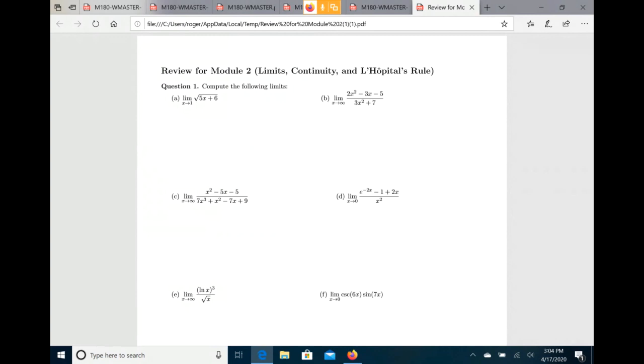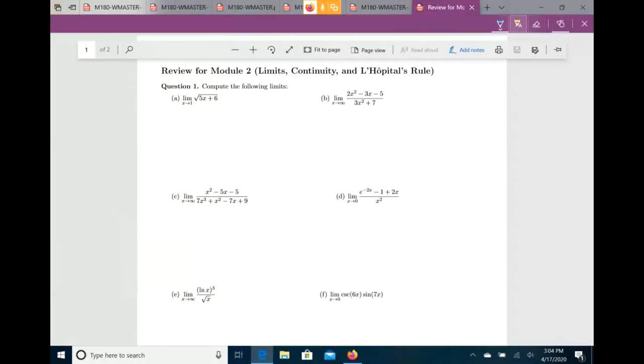You should always start by plugging it in. That should be your first instinct: pretend I'm 5 years old and I just plug the number in. Then I get square root of 5 times 1 plus 6, which is just square root of 11.